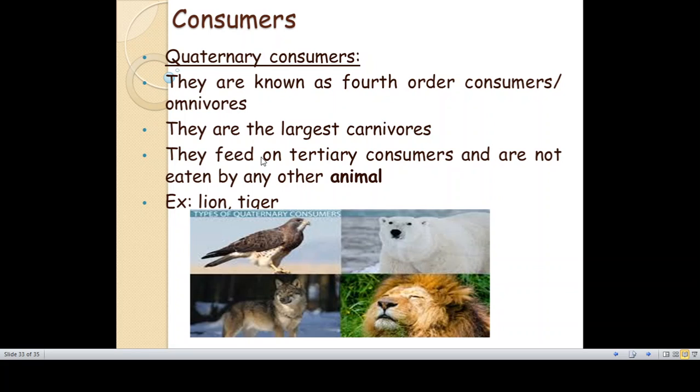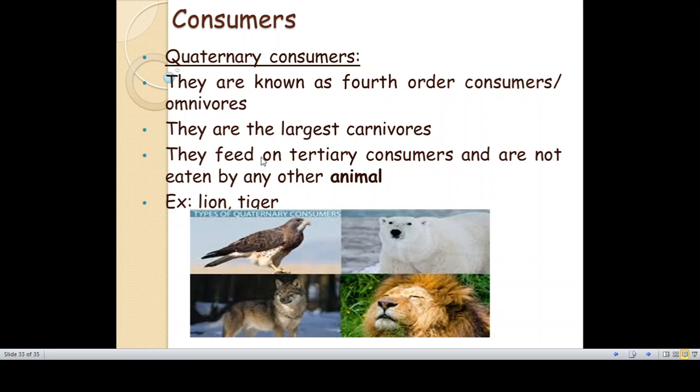Now the quaternary consumers become very easy because they are the end part of your consumers, and hence you can call them by a very simple word, omnivorous. They are the largest consumers and hence no other organism will feed on them, unless and until they die.